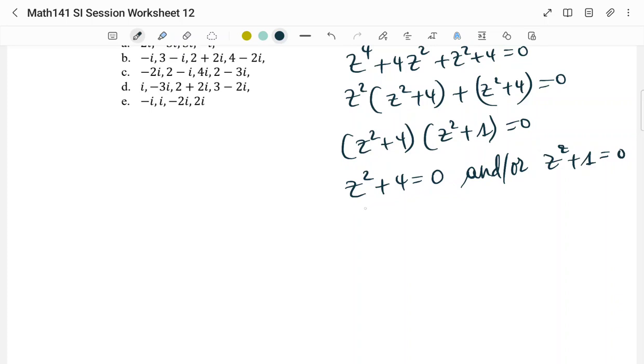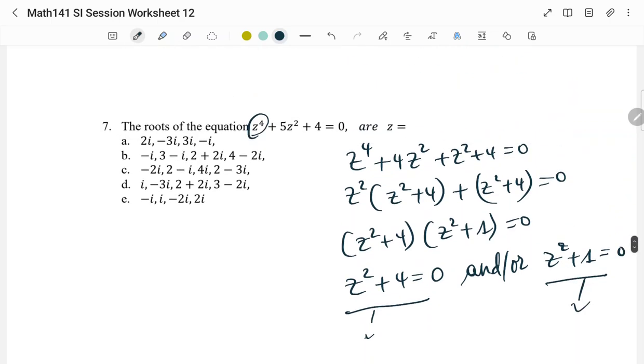This will give you 2 roots, and that will give you 2 roots, which gives you the 4 roots that you are expected to find. So solve these two, get all the roots, and you should be able to find which one it applies to in the options that are given there.